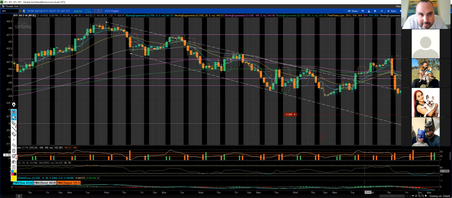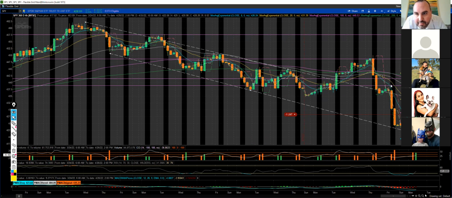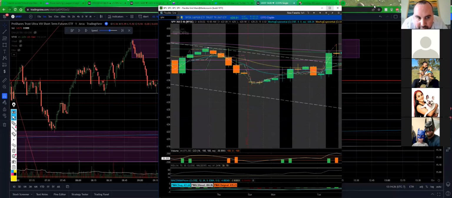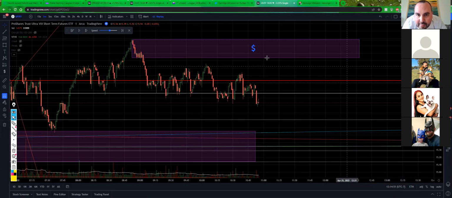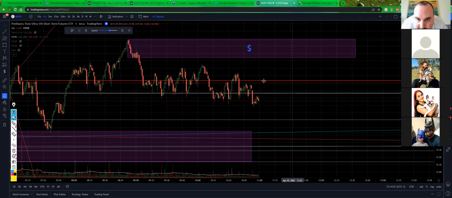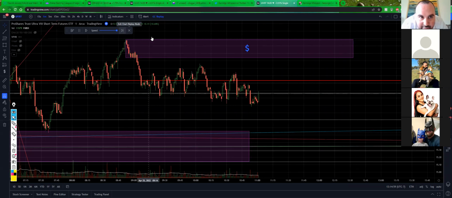So I am expecting that once it hits this point right here, it's probably going to turn down. Which is why I'm still holding on to SPY. This could be a bad move. But let's see where it's at right now.